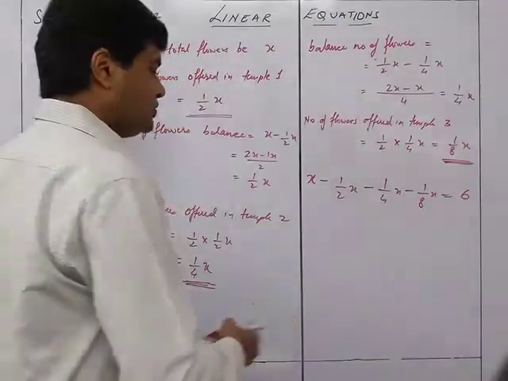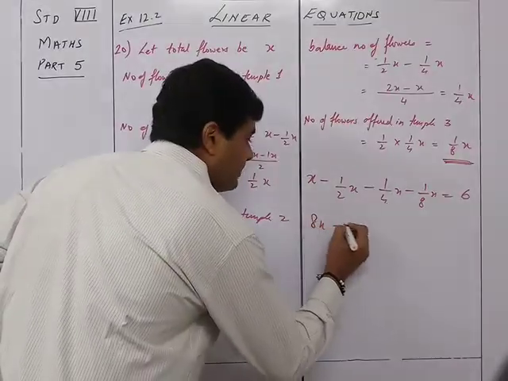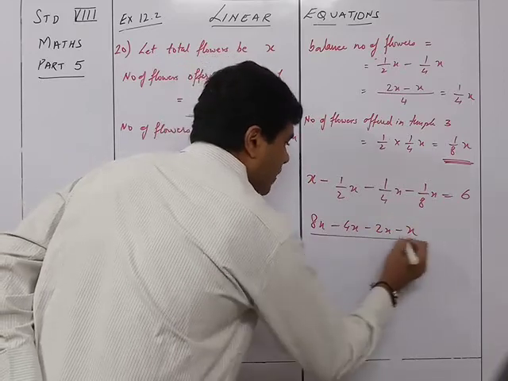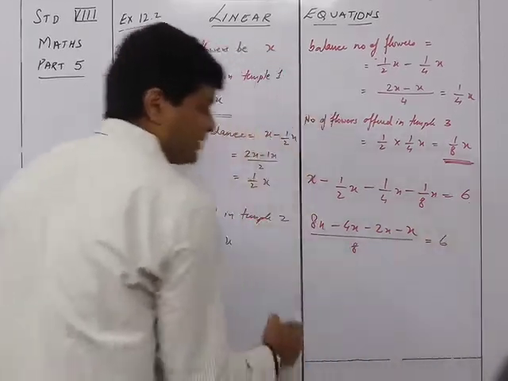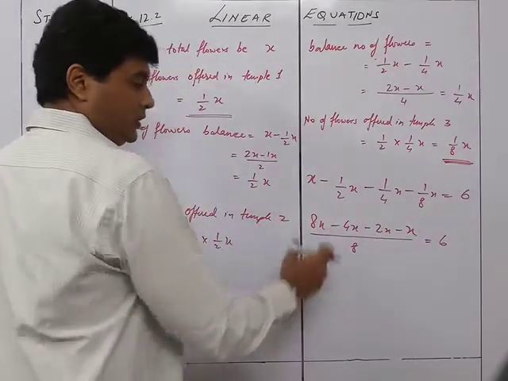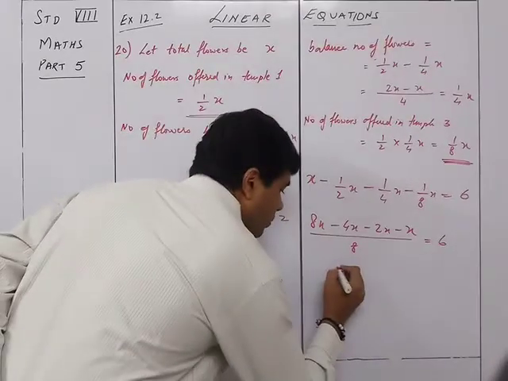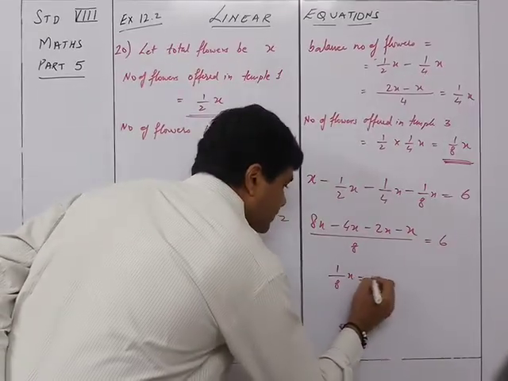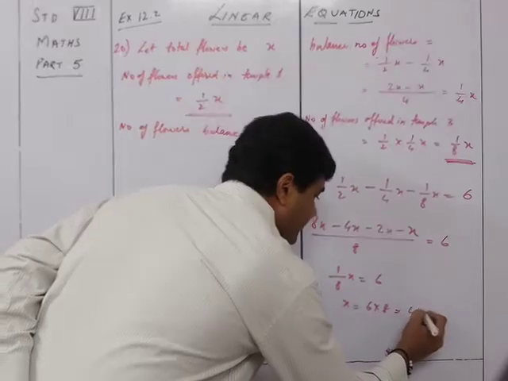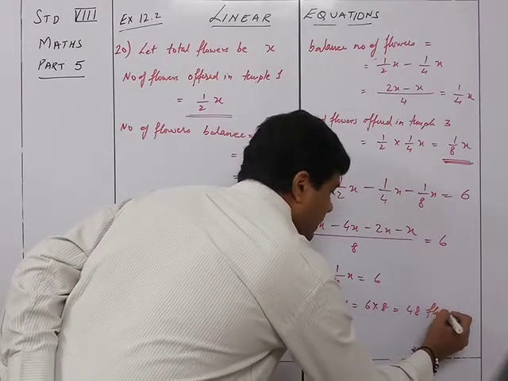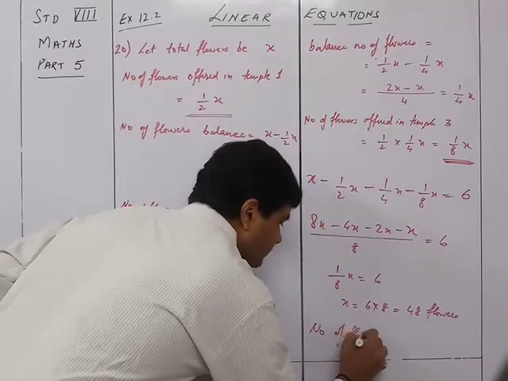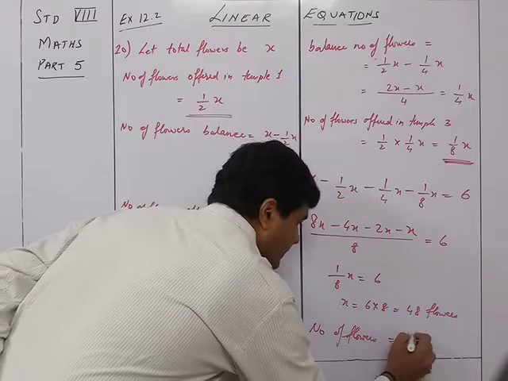LCM of this is 8, so we have 8x minus 4x minus 2x minus x upon 8 is equal to 6. 4, 5, 6, 7. So 8 minus 7, it will be 1 upon 8x is equal to 6. So x is equal to 6 into 8, which is equal to 48 flowers. So what she had originally, the number of flowers, is equal to 48.